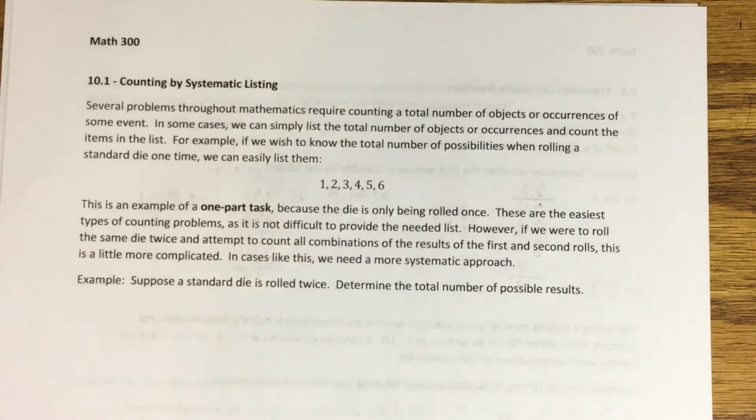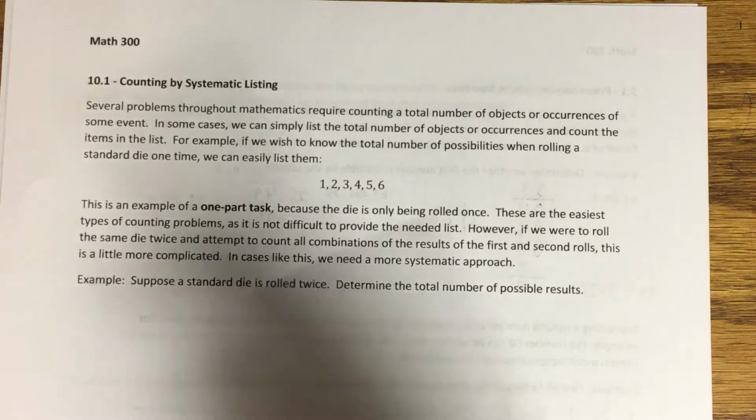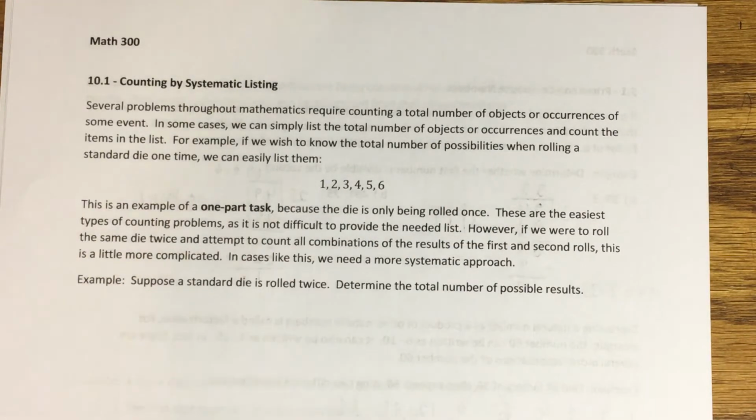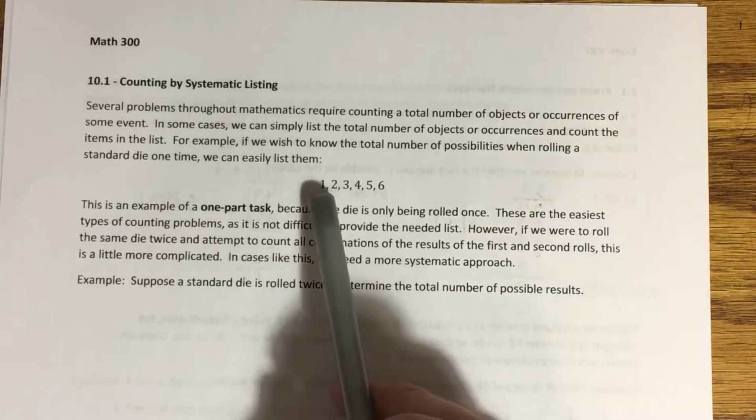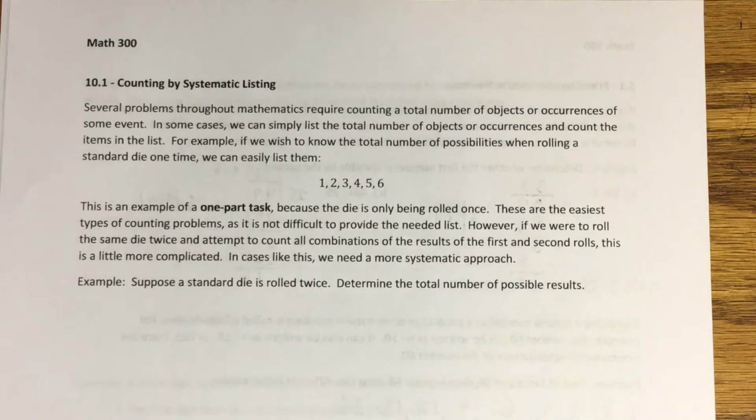An example of something that is that simple is trying to determine the total number of possibilities when rolling a single standard die one time. A standard die has 6 sides, and you roll it, and you can have a total of 6 possibilities: 1, 2, 3, 4, 5, or 6. There's only 6 possibilities there.